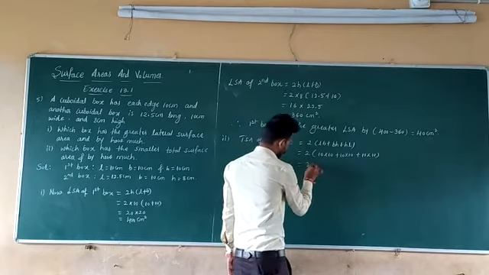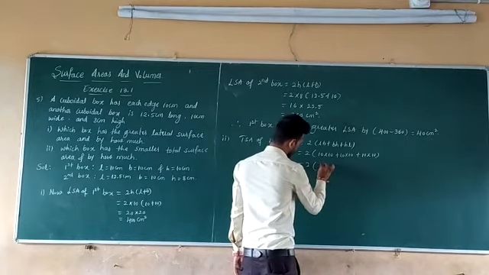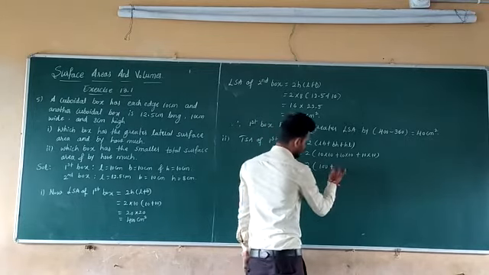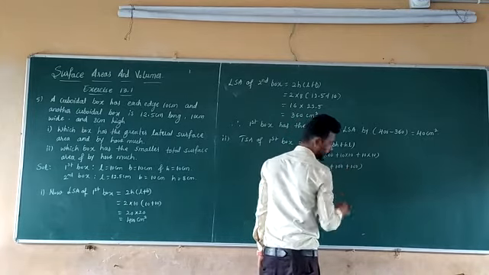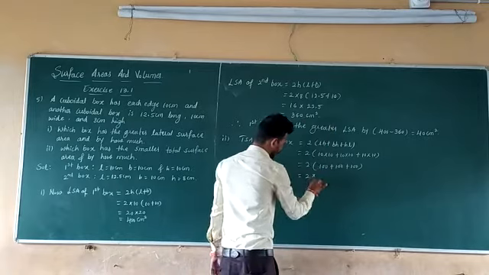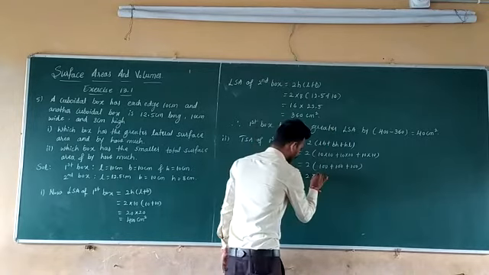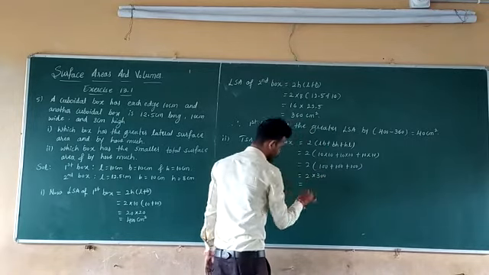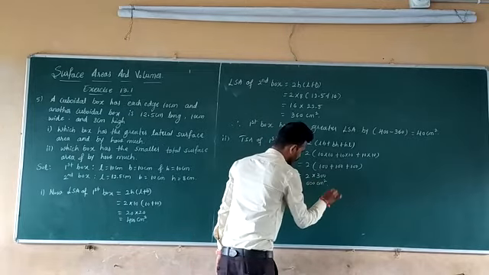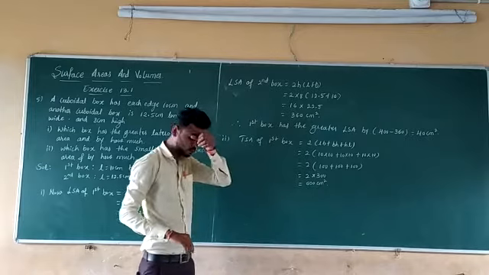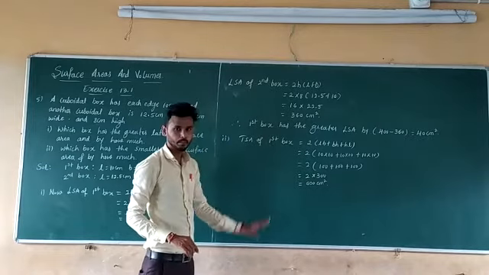So 2 into 10 into 10, 100, plus 100 plus 100. So 2 into 300, 600 centimeter square. This is the TSA of first box.